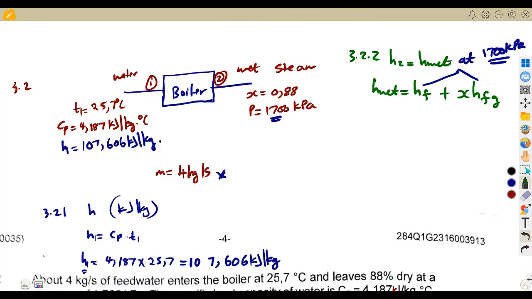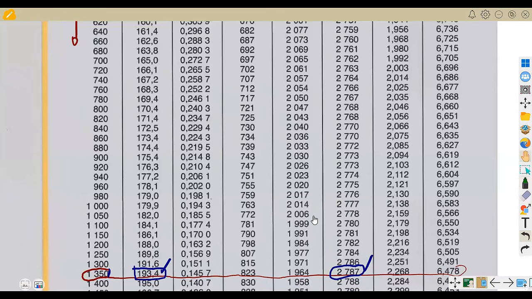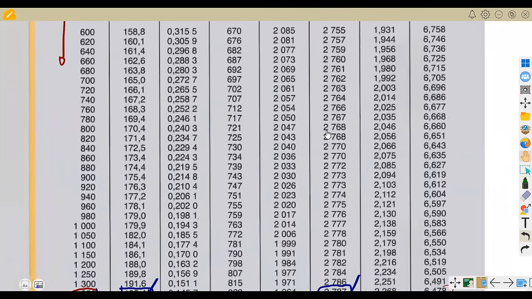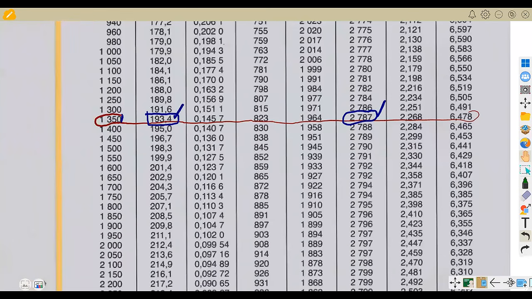So let us check from our steam tables. Under this pressure, we are going to need hf as we saw, and also hfg. So we are going to check the pressure of 1,700. All right, so this is where we have 1,700 here. Sorry for that, guys. All right, 1,700. This one. We're going to take the whole of this part.